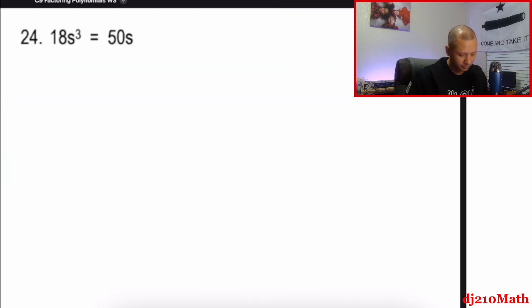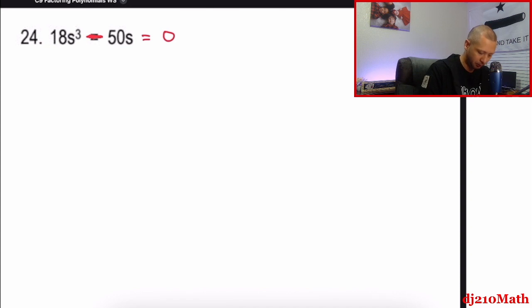Okay. All right, I'm going to move everything to one side. So this is going to be minus equals 0, right? Because we subtracted 50s. So on the left-hand side, the GCF, I can definitely take out a 2. 3, 4, 5, 6.